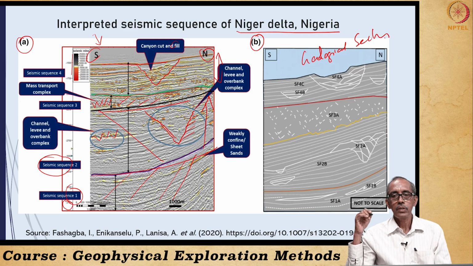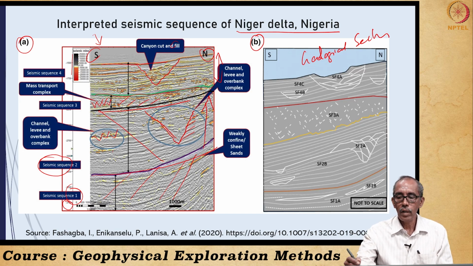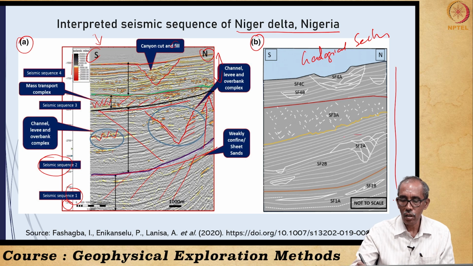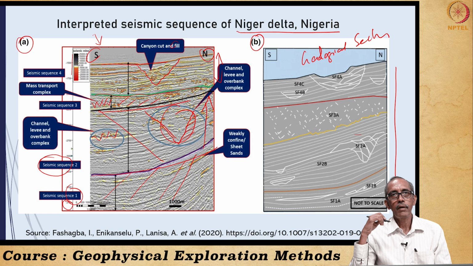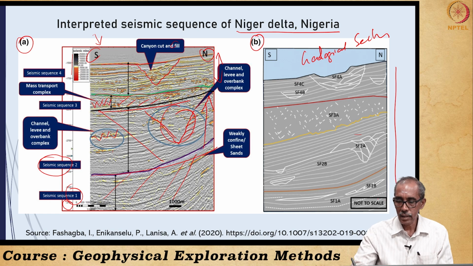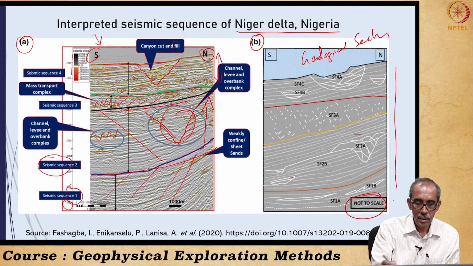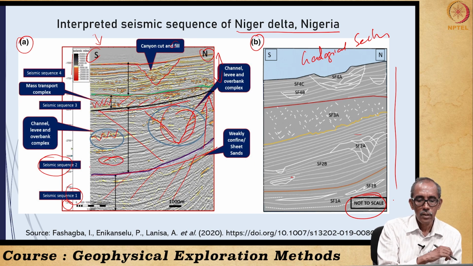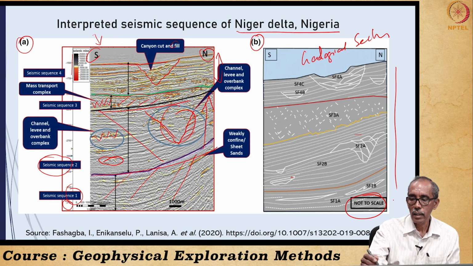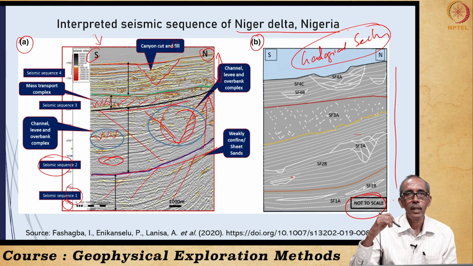So, what you see is the interpolated geological section. How did we arrive at this section? All these drawings are made by looking at the diagram on the left hand side. However, here in this case it is not to scale, but we can also make it. So, this is something like what you see here, right. So, this is how we have interpolated this and brought out the geological section, right.